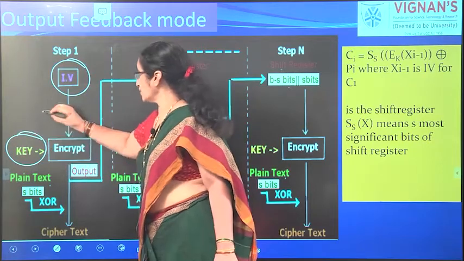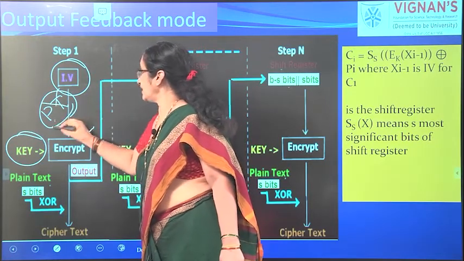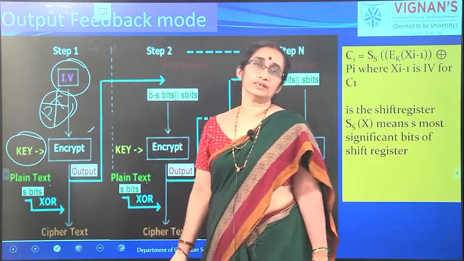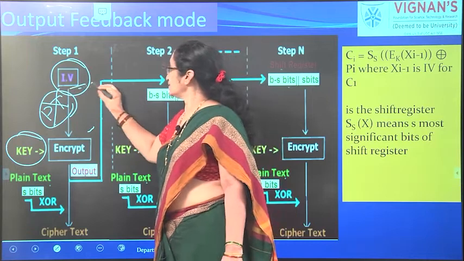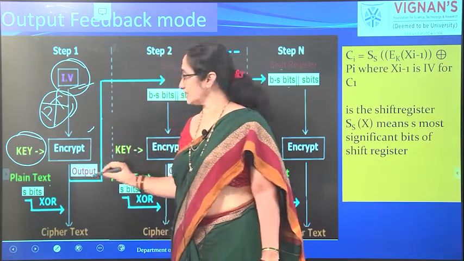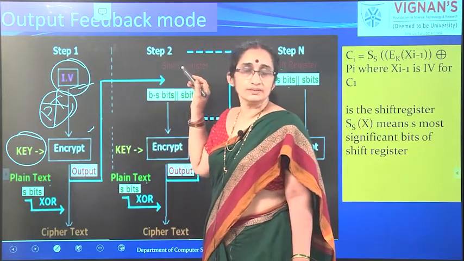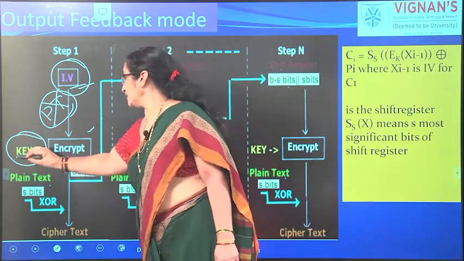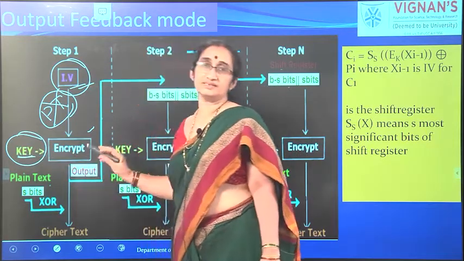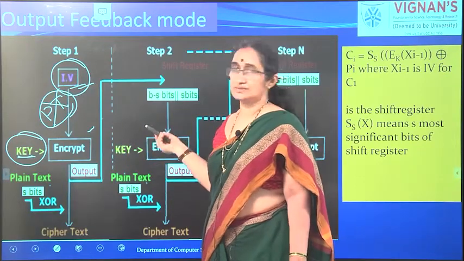Here also you are not using the plain text as input to the encryption algorithm. You use the initialization vector as input, and that initialization vector is known to both the sender and the receiver, while the key should be kept secret between only the sender and the receiver. There is no problem if the IV is known to others also.